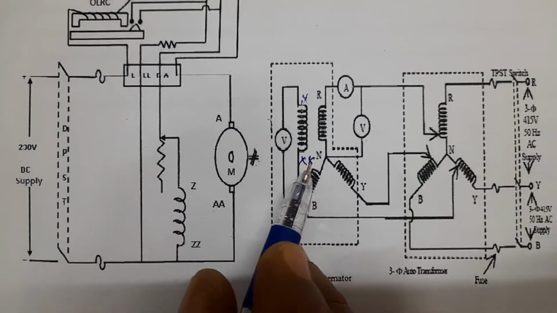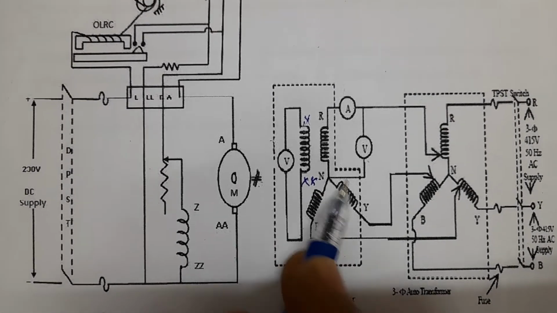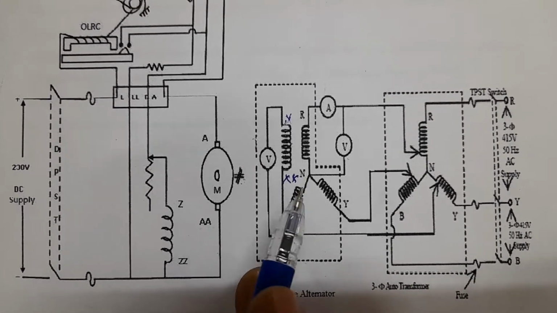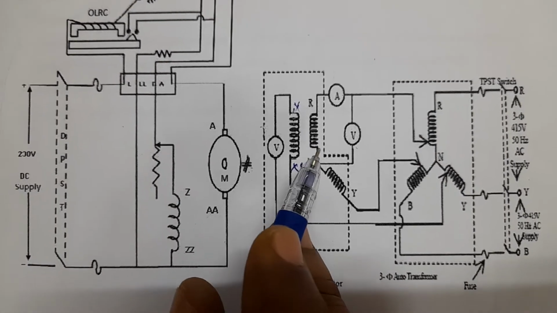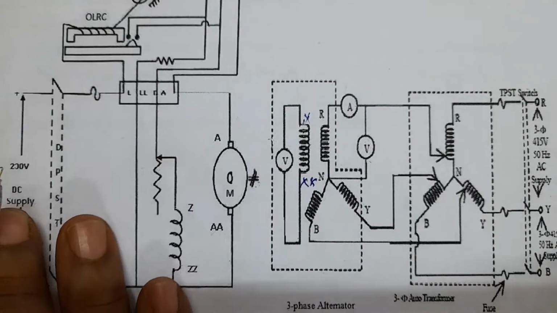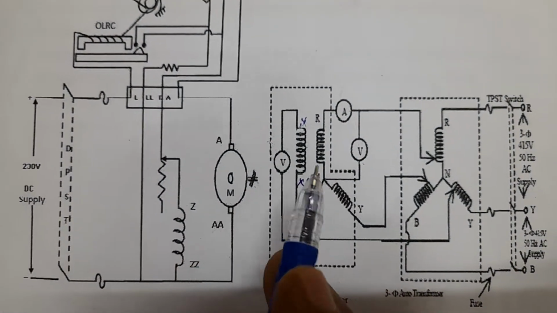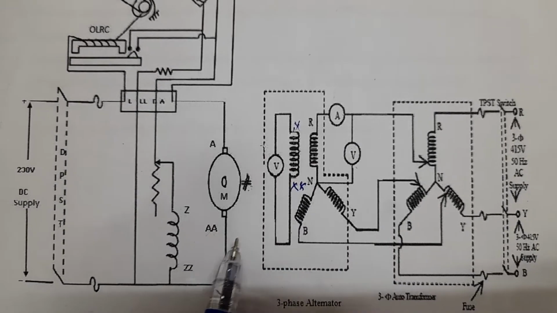We know that an alternator is to be run at its synchronous speed. Here the synchronous speed of this alternator is 1500 rpm. So we need to run this machine a little less than 1500 rpm, like 1485 rpm, or a little above rated speed, either 1510 rpm or 1515 rpm.